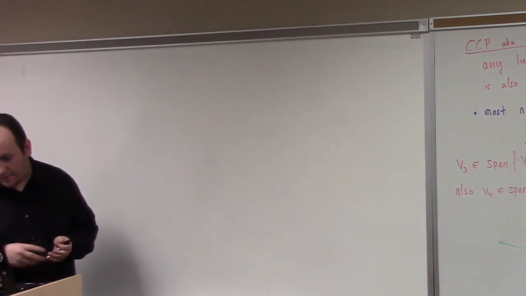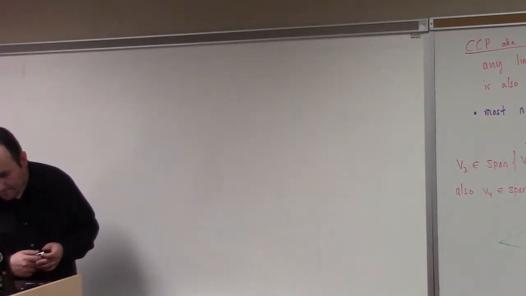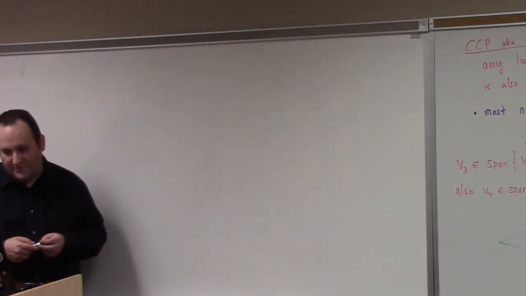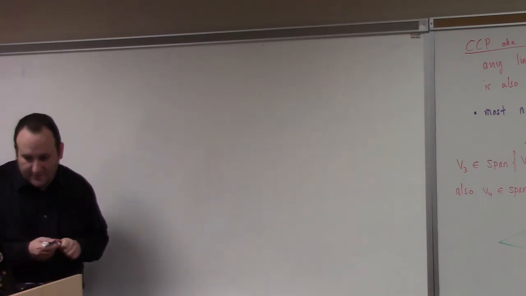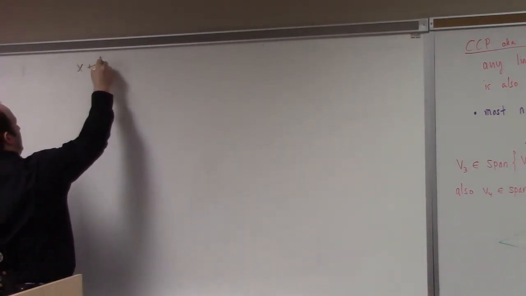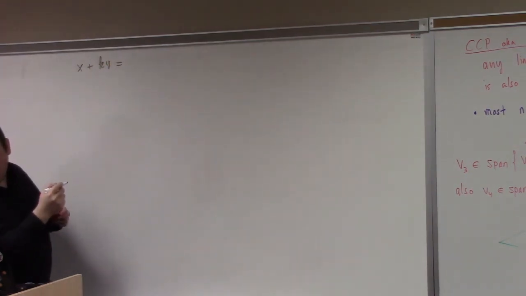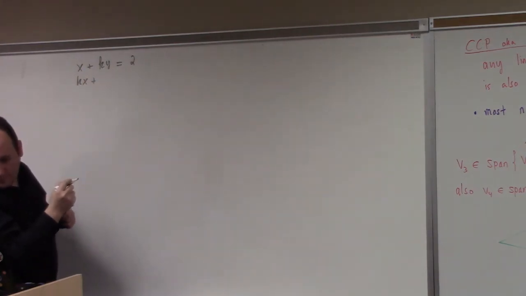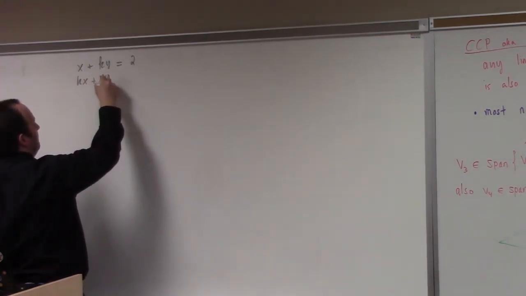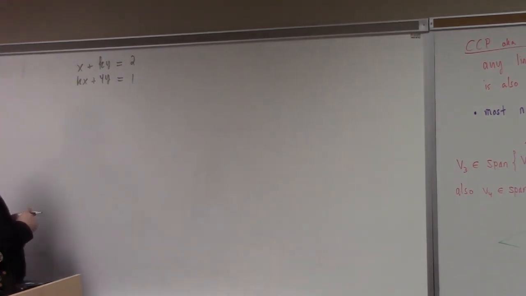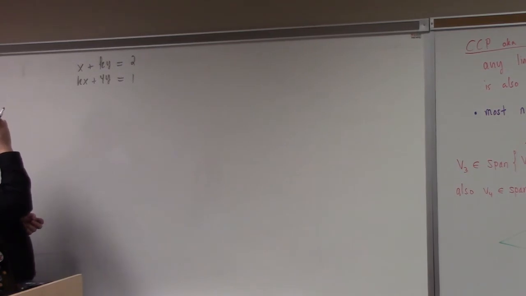Problem 22 says find the solutions in 3 cases. Ah, yes. It doesn't say what cases. Part of the problem is to find those 3 cases. So there you have x plus ky equals 2, kx plus 4y equals 1.